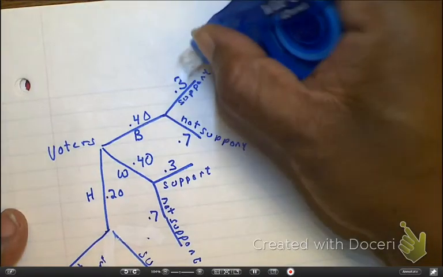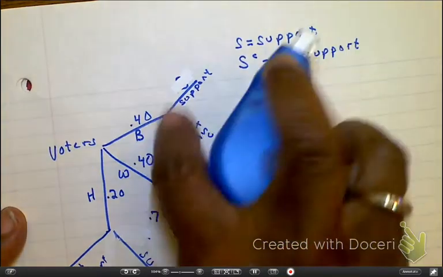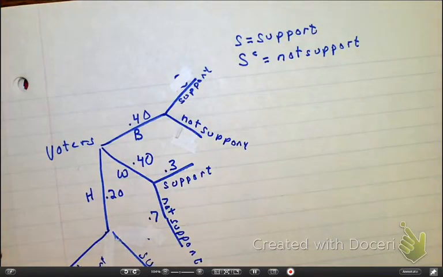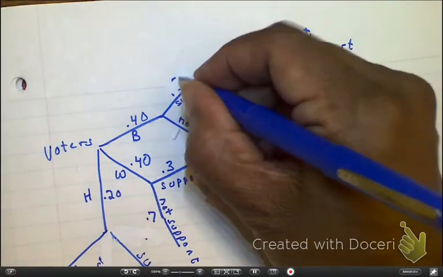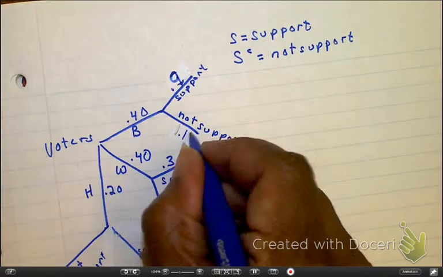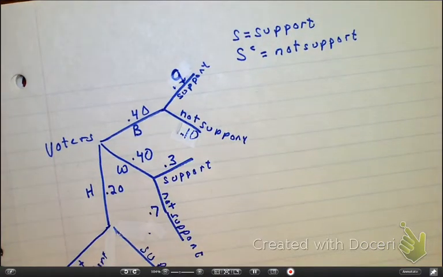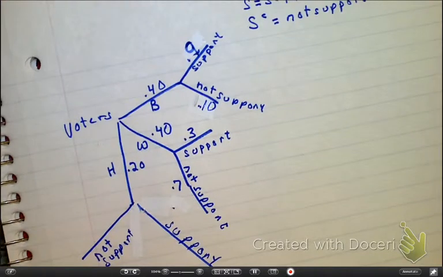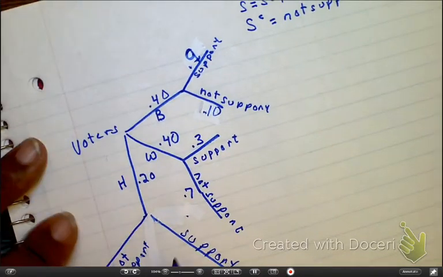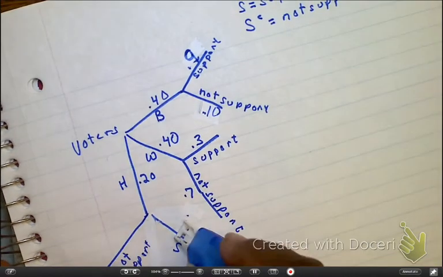Okay, let me get rid of this. So blacks, 90% support him and 10% don't. And then here, I'm going to move this in a minute.